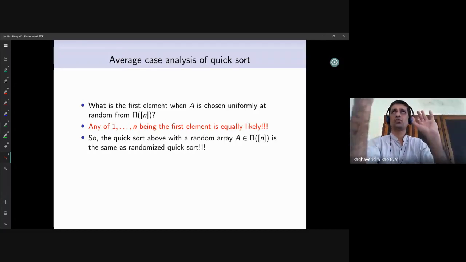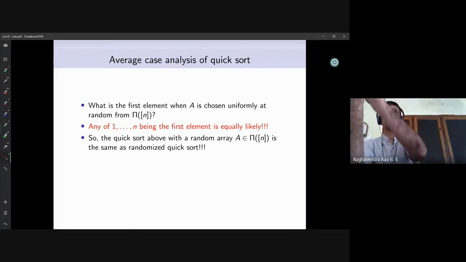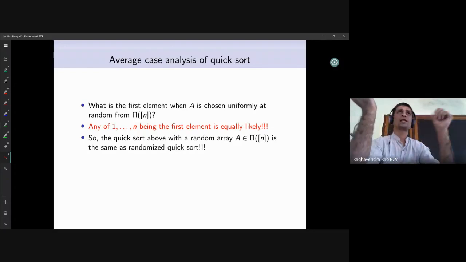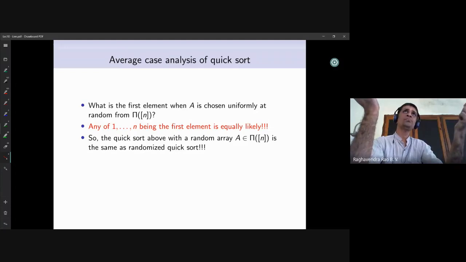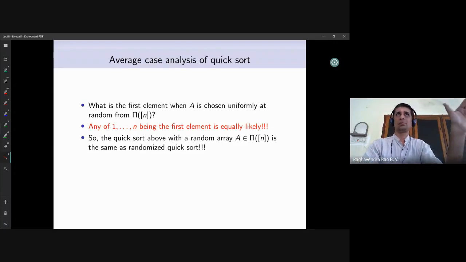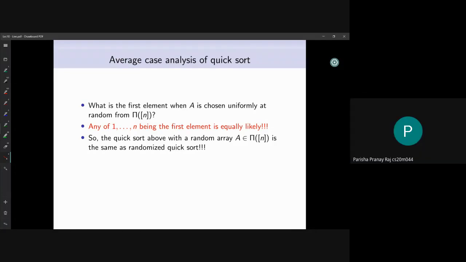The first one, the randomized quicksort, has a fixed input and chooses the pivots randomly, whereas the second algorithm does not have a fixed input, it has a random input. So the analysis, from the performance view... What do you mean by fixed input?